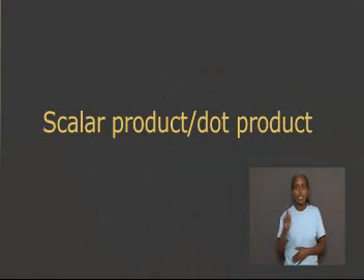There is also a procedure called a scalar product operation. This describes when we multiply one vector by another, which produces a scalar as its final product. This is also known as a dot product.